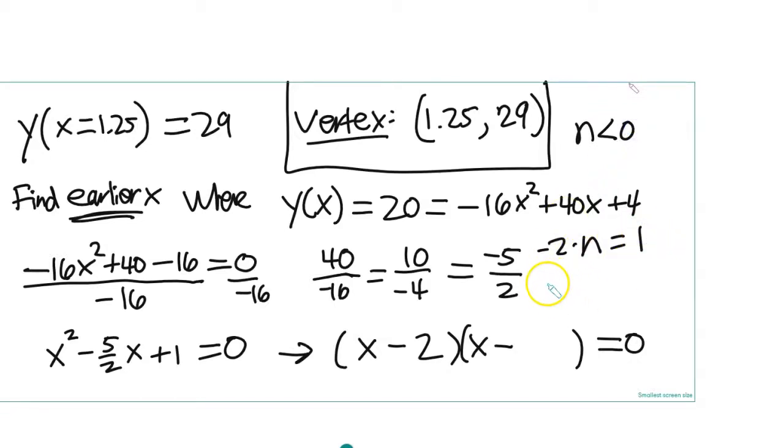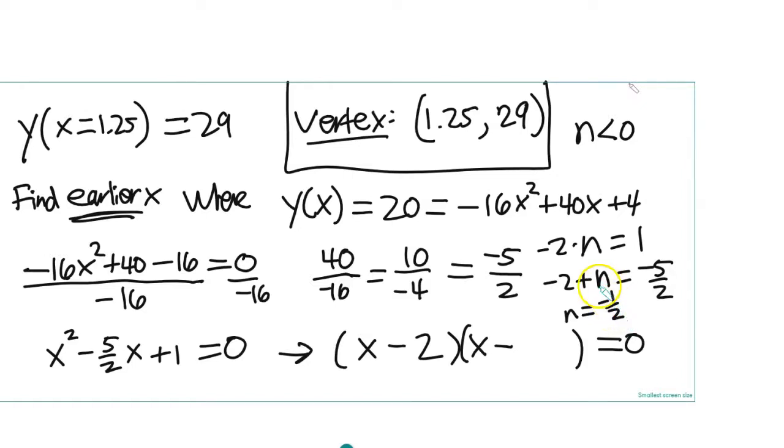But then negative 2 plus that number gives negative 5 over 2, right? So that's the whole last term versus middle term. So we should be able to solve for n without too much difficulty here. So we've got to divide by negative 2. So n should be negative 1 over 2.